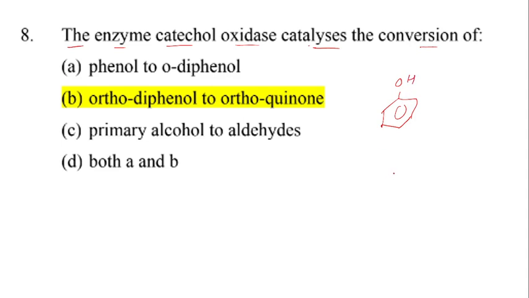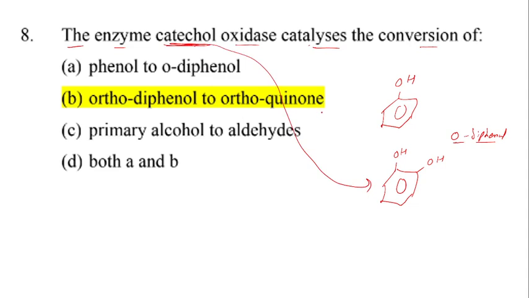If it has two hydroxyl groups like that in ortho position, this position is known as the ortho position, just adjacent to one hydroxyl group, so it is known as an ortho diphenol, or you can say it is a catechol. This is the general name of this compound. This is catechol. This one is phenol.